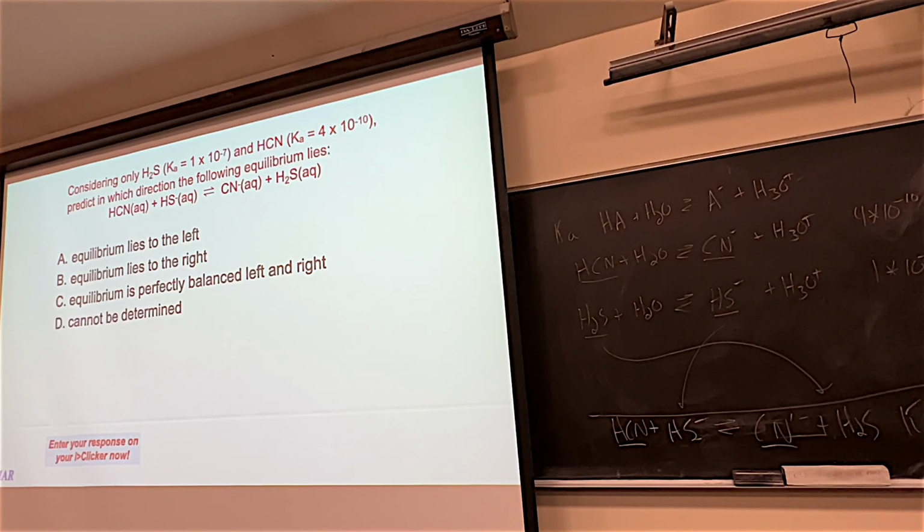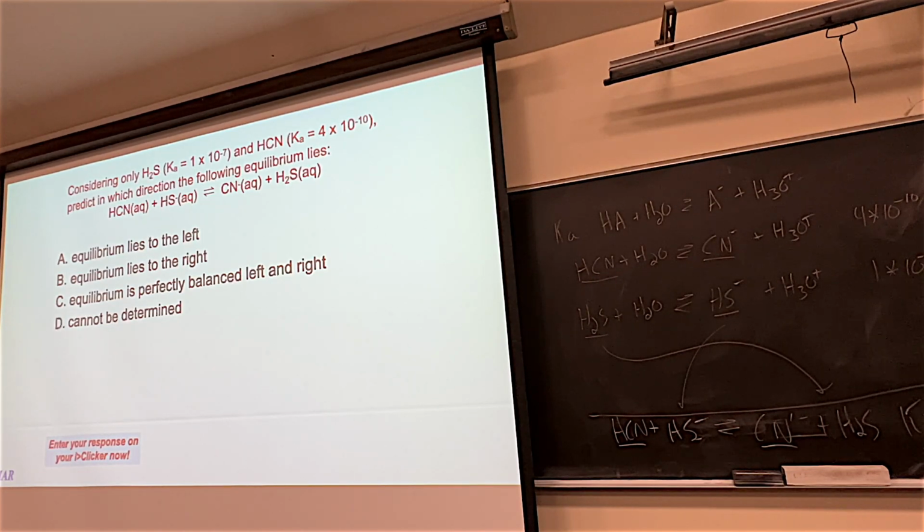However, if you don't like my math way, there is another way to do this, because the stronger Ka always pushes to the weaker Ka. In this problem, H2S has a bigger Ka than HCN, and H2S is a product, while HCN is a reactant. So another way to do this without math is that the bigger Ka pushes to the weaker Ka, which is HCN.